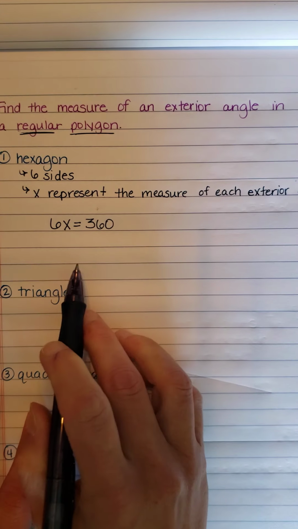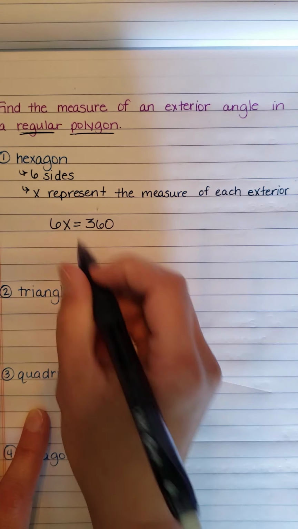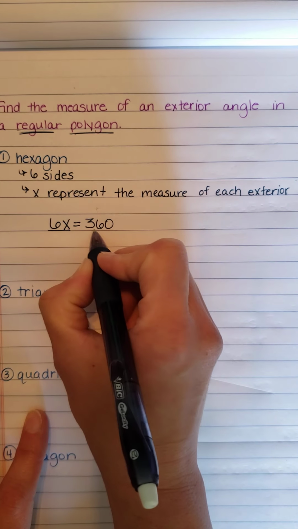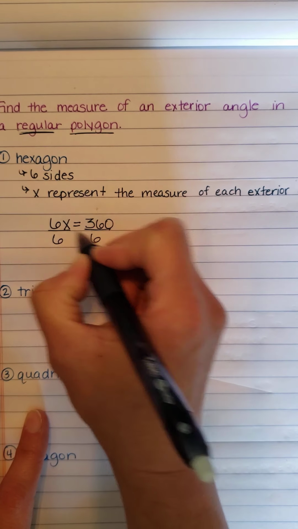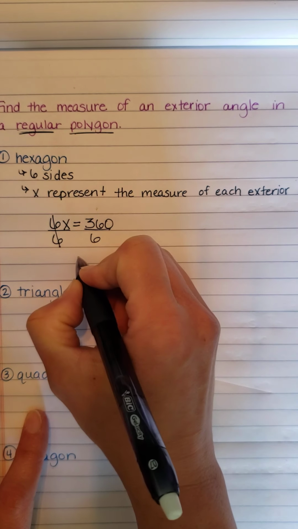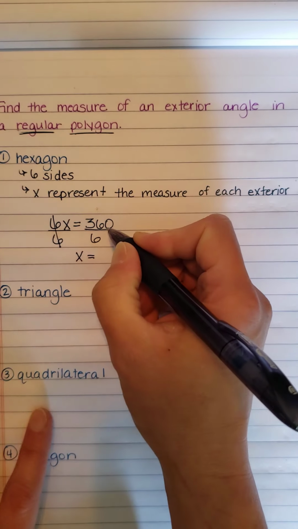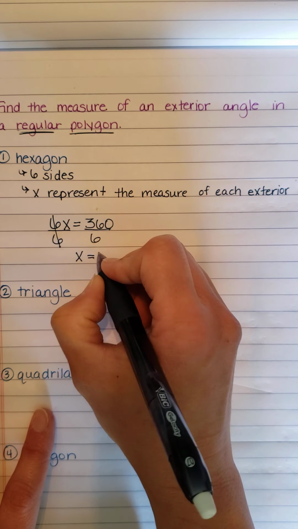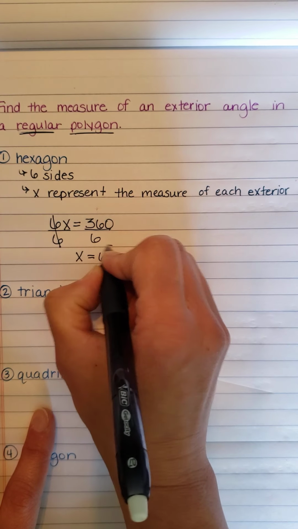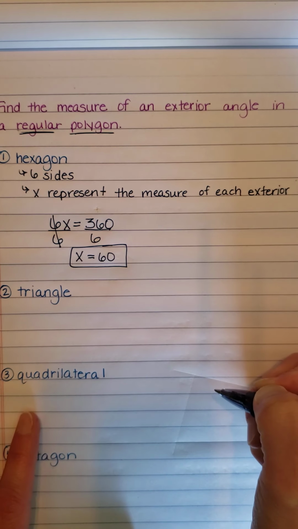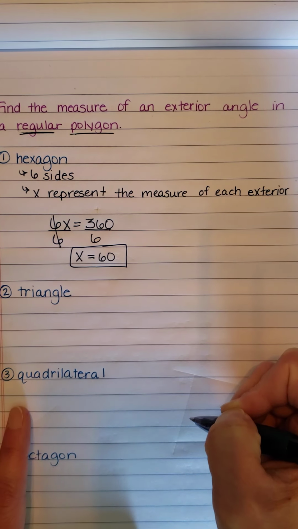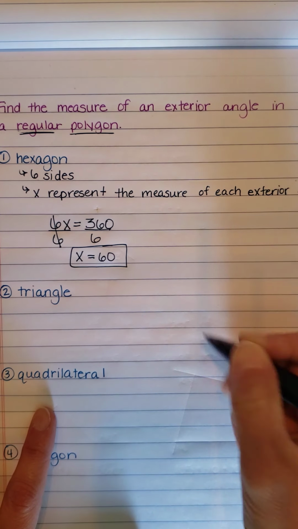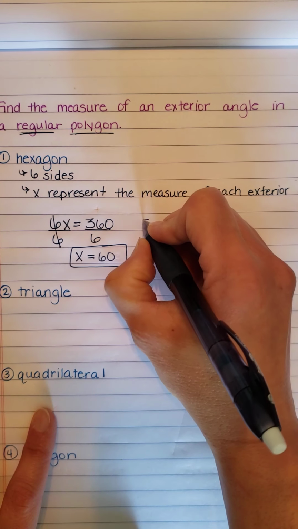Okay, so now, of course, we're going to solve our equation. We're going to solve for x. So I'm going to divide each side by 6. 6 divided by 6 is 1, so that leaves me with x equals, and 360 divided by 6 is 60 degrees. So that means that each exterior angle of a hexagon measures 60 degrees.